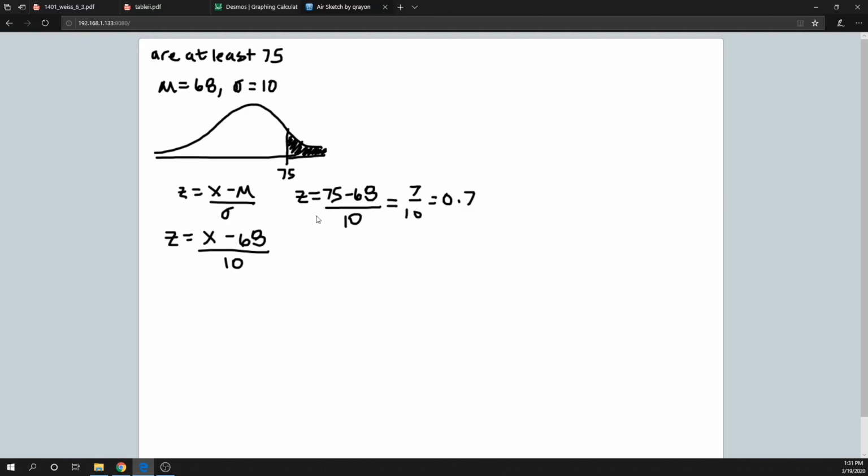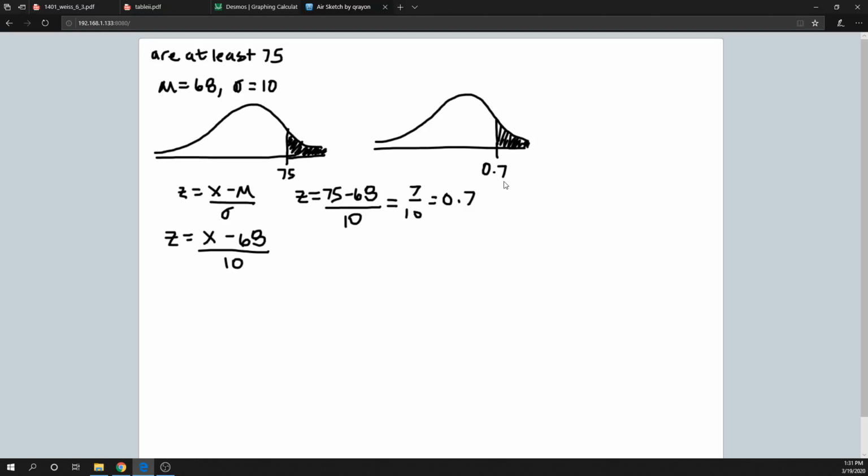All right, so what we would need to do then is to go look up in table 2 for the standard normal the value for 0.7. And we would want to find the area to the right of 0.7 underneath the standard normal curve. Okay.